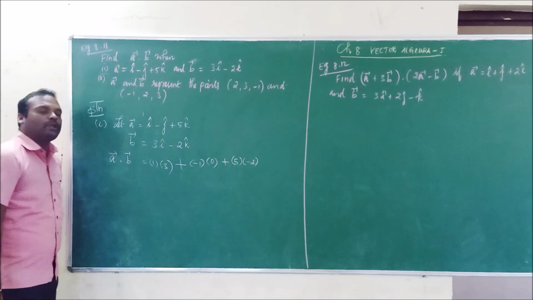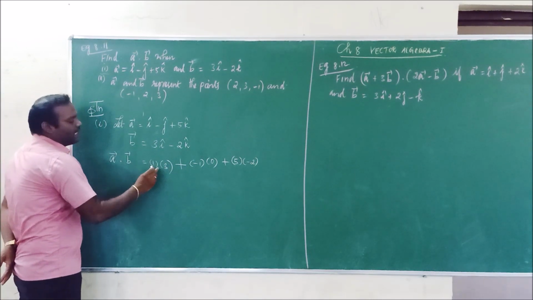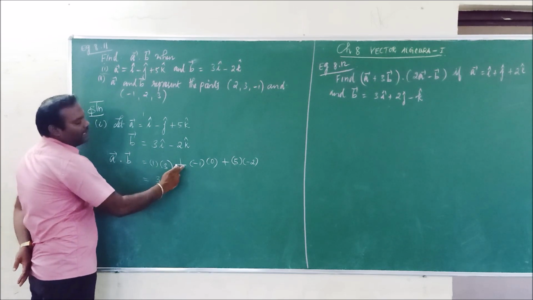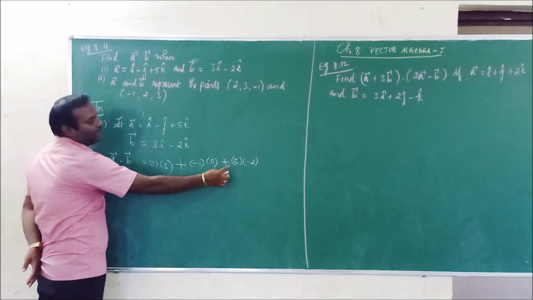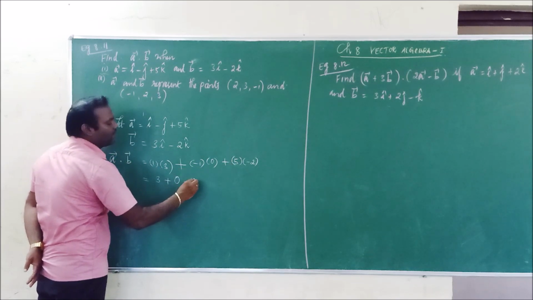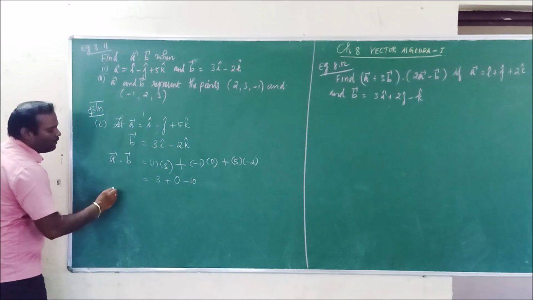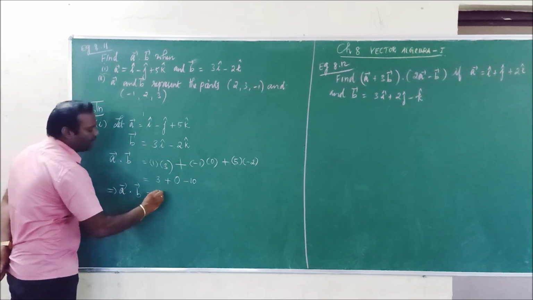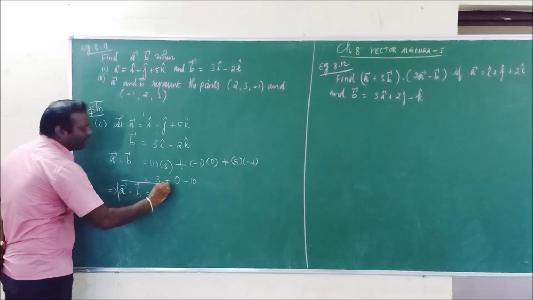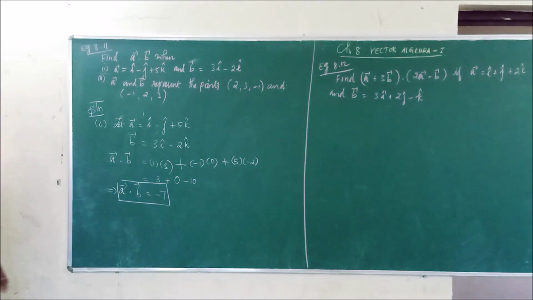Multiply these. 1 into 3 is 3. Then the product along with the 0 is 0. Then 5 into minus 2 is minus 10. So A vector dot B vector is equal to minus 7. It is the answer for the dot product.